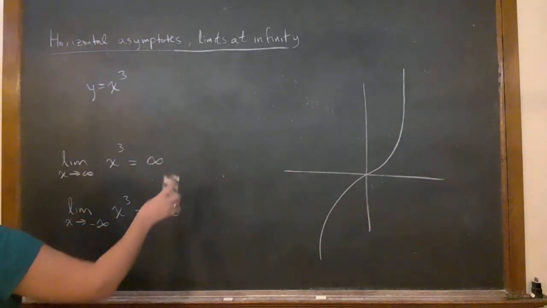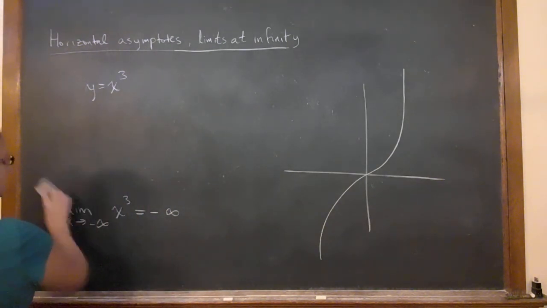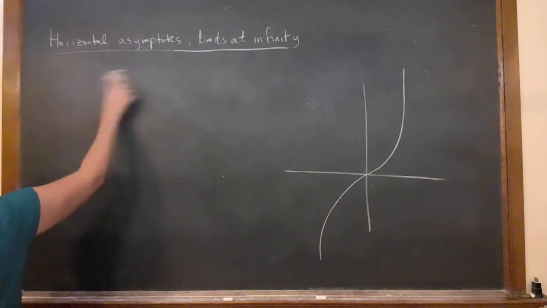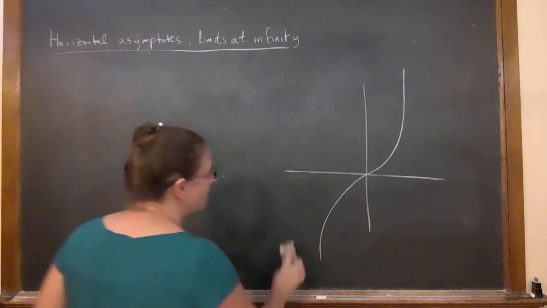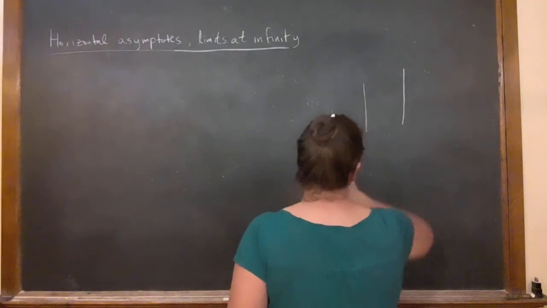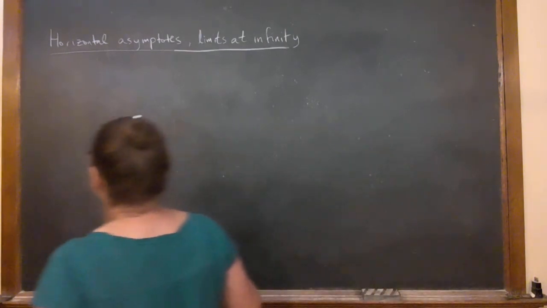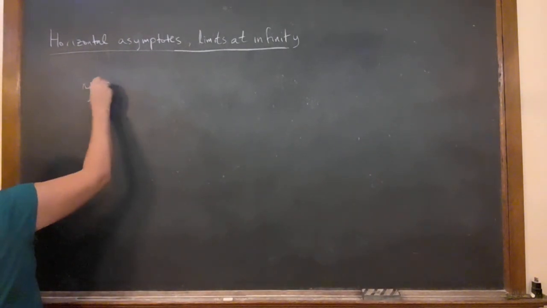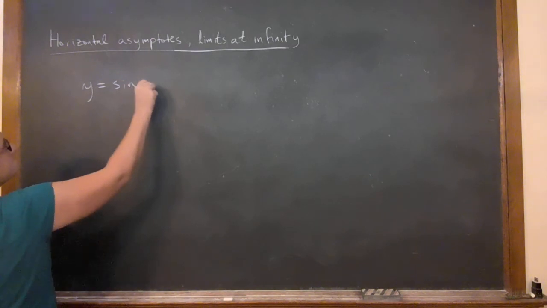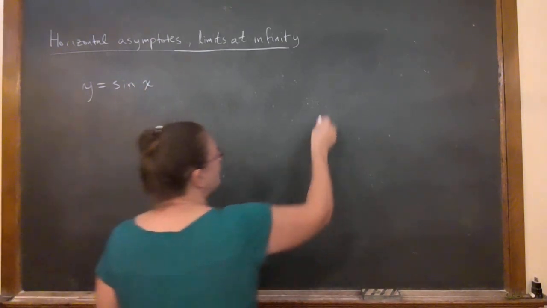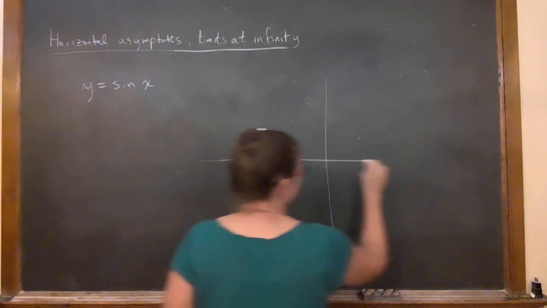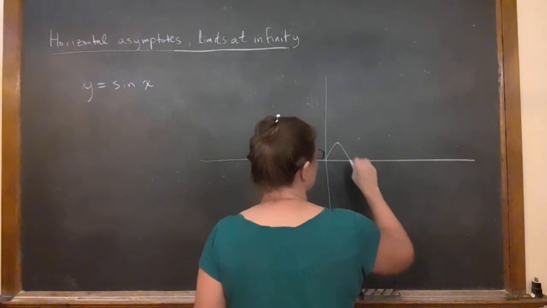Let's see what else I can say about this. There's a couple of different things we can do. Let's talk about some other behaviors at infinity that we might see. If I look at sine of x, we know what this does.